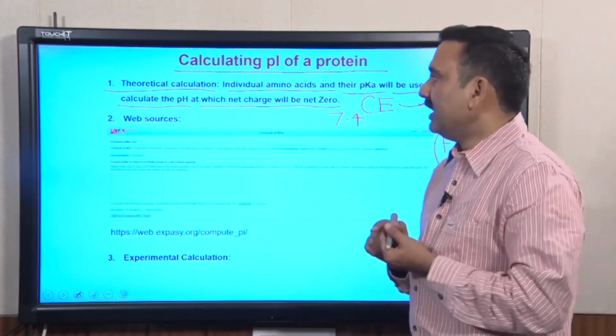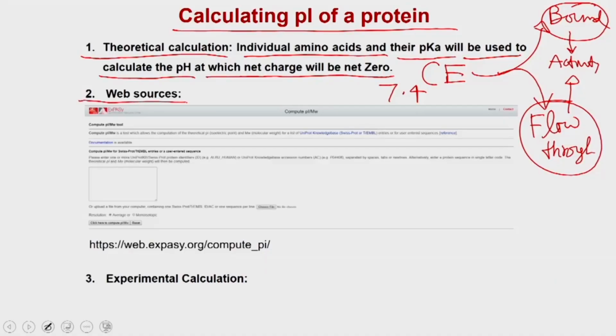The second source is the web source. There are multiple web sources people are using. One example which I have shown is the ExPASy website. The link is given here. You can use this to calculate the pI value as well as the molecular weight of the protein. In this block you provide the amino acid sequence of the protein, and then you ask the web server to calculate the pI as well as the molecular weight.